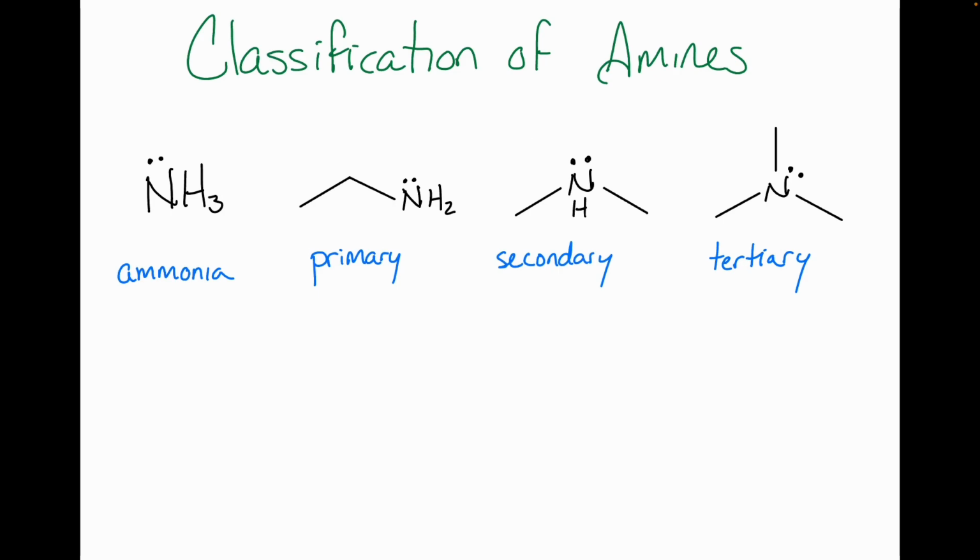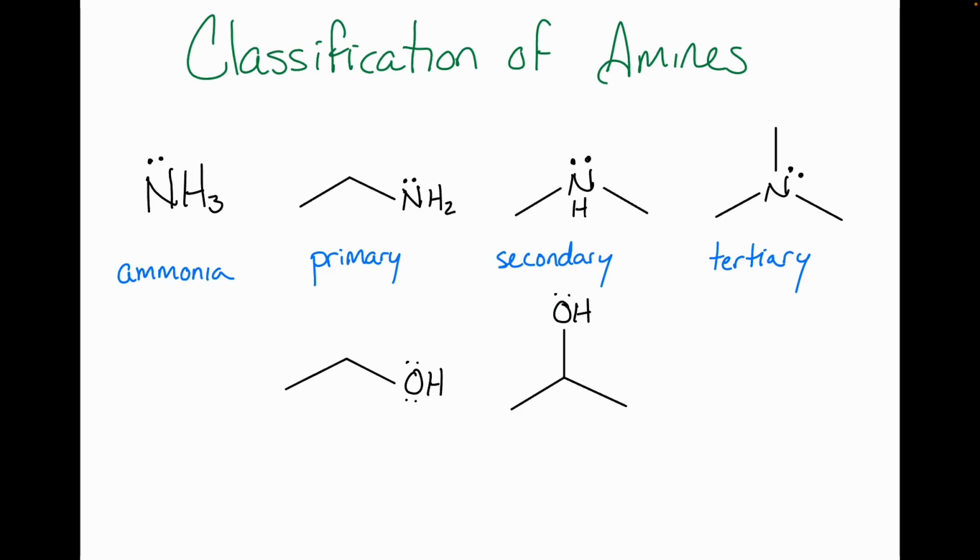All right, and just to compare, this was different than our classification of alcohols, because an amine is just a compound that has a nitrogen, so it can have up to 3 bonds. If we were talking about alcohols, we specifically were talking about OH groups. That oxygen can only have one other bond. So for a primary alcohol, we were really looking at the carbon that the OH group was on and counting neighbors. A secondary alcohol doesn't mean that the oxygen has 2 carbons.